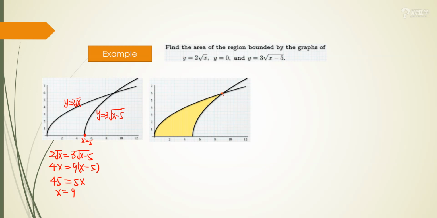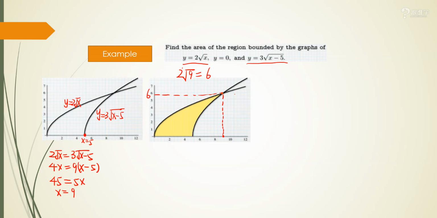So this is the x-coordinate at the points of intersection. If we want the y-coordinate, we may come back to either of the equations. The simpler of the two, the first one, y equals 2 times square root of 9. We simply plug in the numbers. Then we find y should be equal to 6. And this tells us that the y-coordinate for the points of intersection is 6.